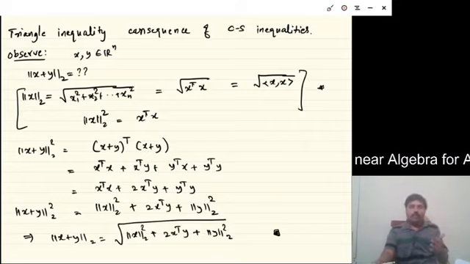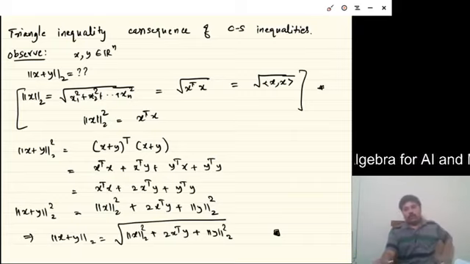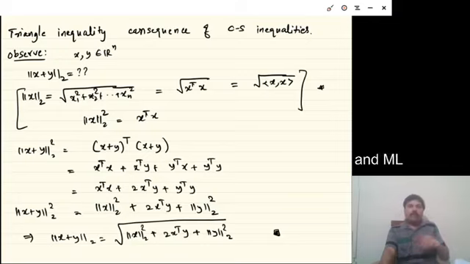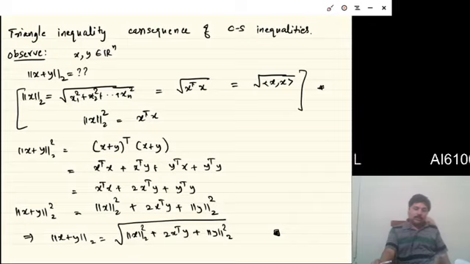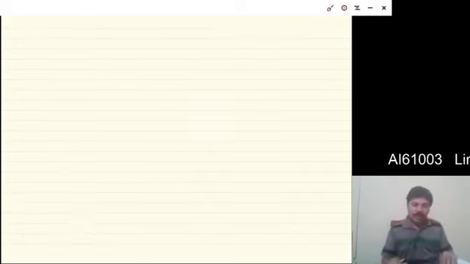In fact, the 2 norm many times is said to be induced by the inner product. First there is an inner product structure, you define the inner product between two vectors, and you take the inner product of a vector with itself, and that gives rise to the square of the 2 norm. So this addition is really very important, and we will make use of it.